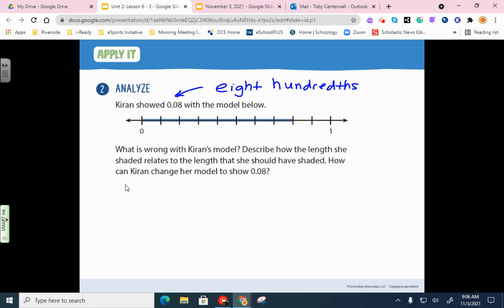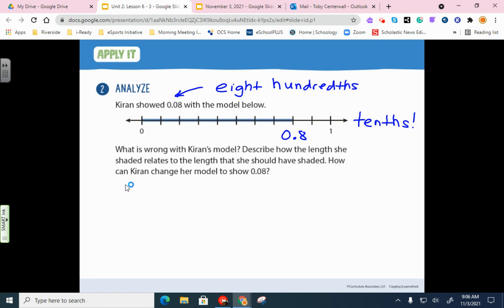Well, I'm looking at the model. I'm seeing from 0 to 1, and I'm noticing right away that this line is divided up in tenths. So what's actually represented here is 8 tenths. That's inaccurate.